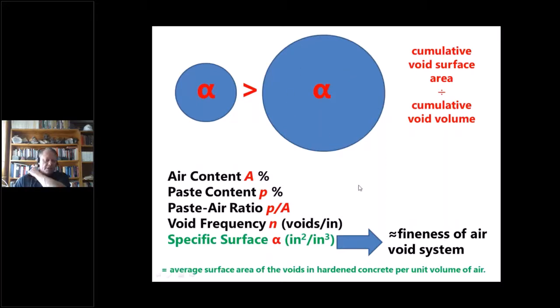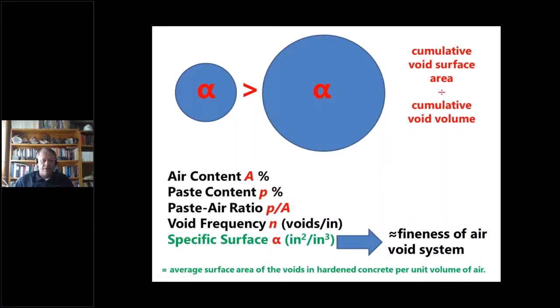So again, this is describing the fineness of the void system, which is a function of how many of your air voids are entrained versus entrapped. Entrapped air will give you larger physical voids, and so you'd have a smaller resulting number. So again, average surface area of the voids in hardened concrete per unit volume of air. Think of it that way.